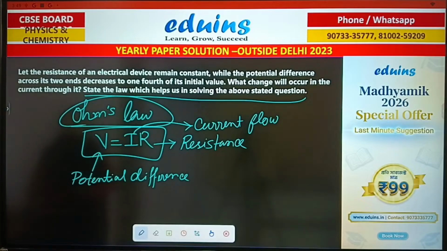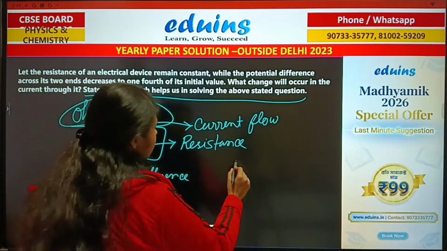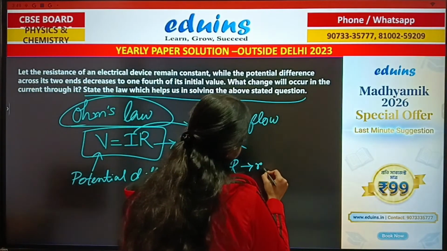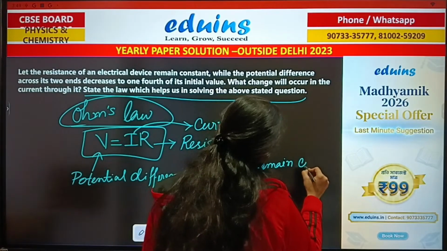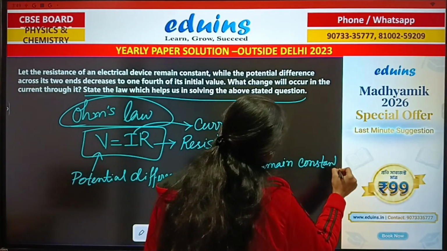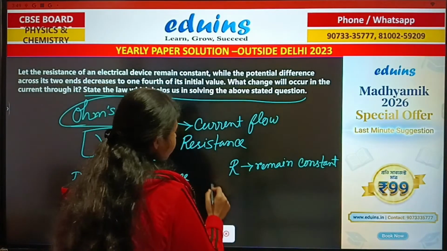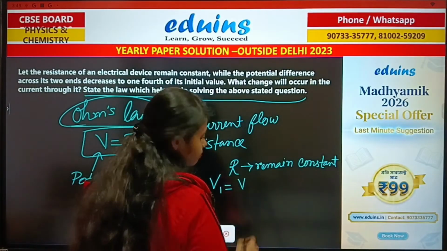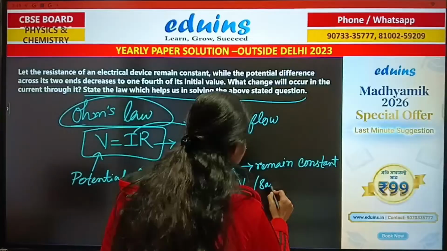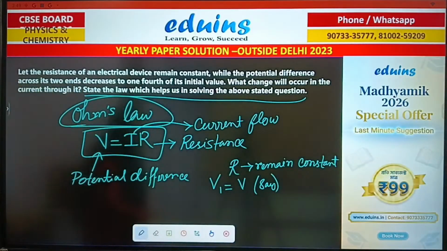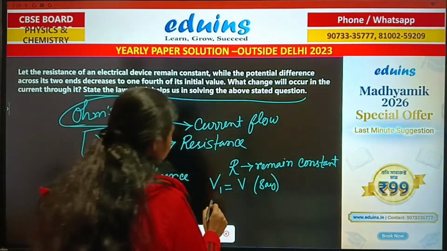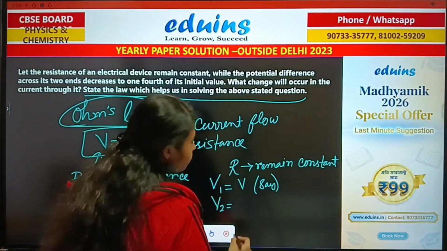Now, let the resistance of the electrical device remain constant. So R will remain constant. Now the potential difference across its two ends decreases to 1/4 of its initial value. Say the initial potential difference is V, and the final potential difference becomes V by 4.